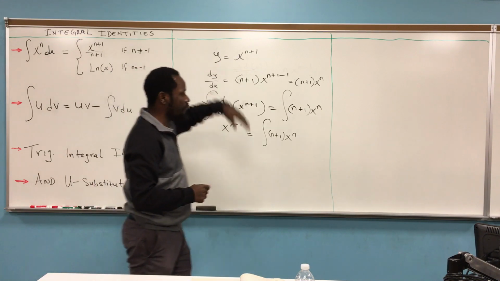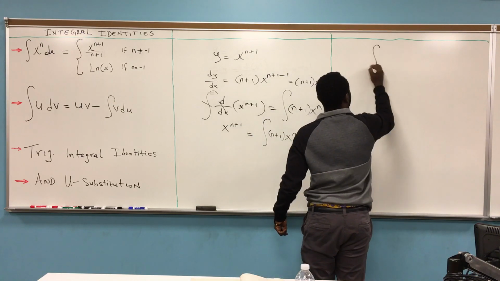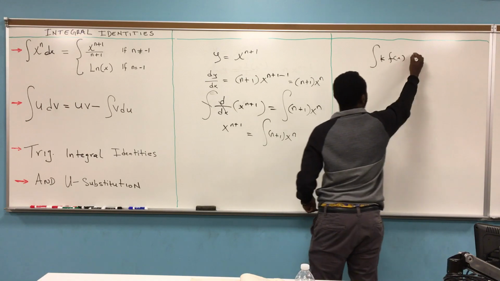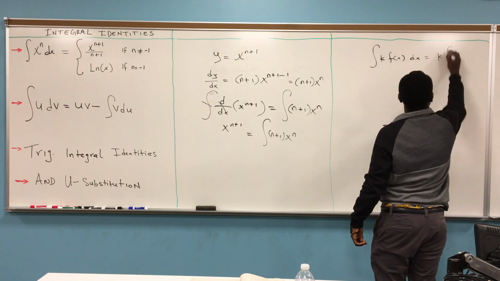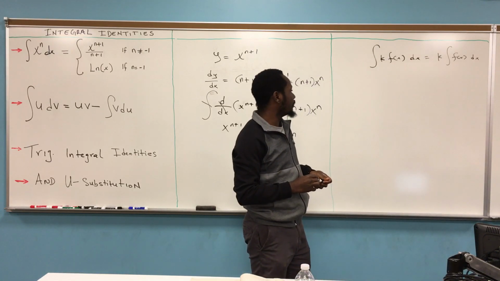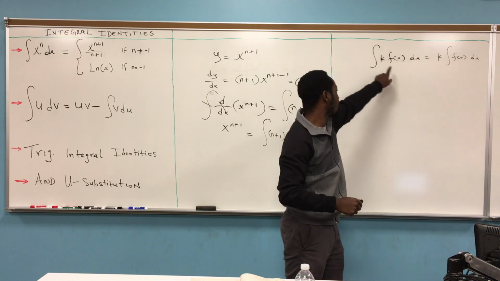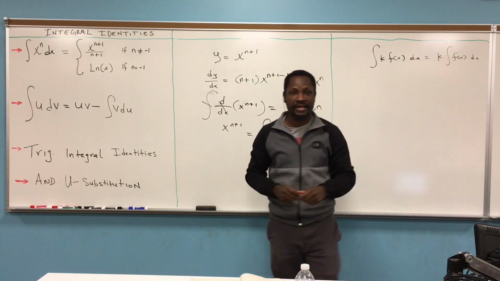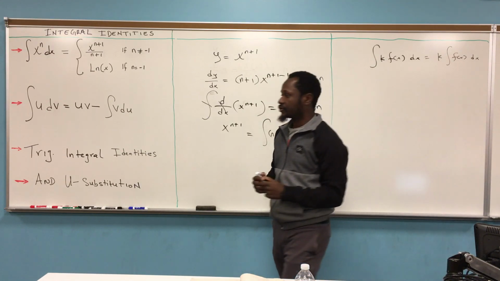And maybe I should have covered some basics of integration. If you have the integral of a function times some constant, say k times f of x, you can rewrite it as k times the integral of f of x. What it means is that integration is associative when you have a constant multiplying your function. The constant can be factorized out of the integration, and then you just find the integral of the function itself.